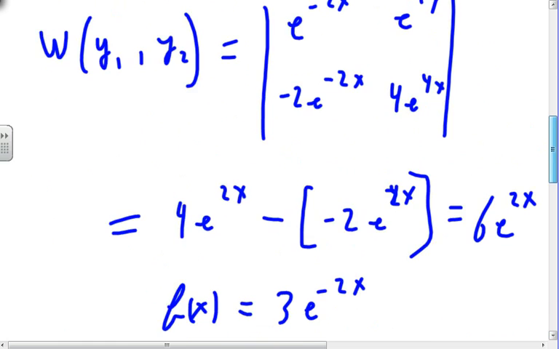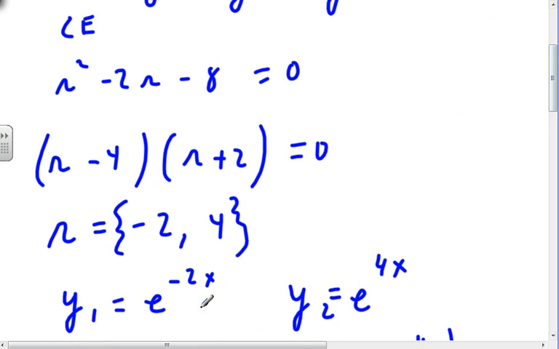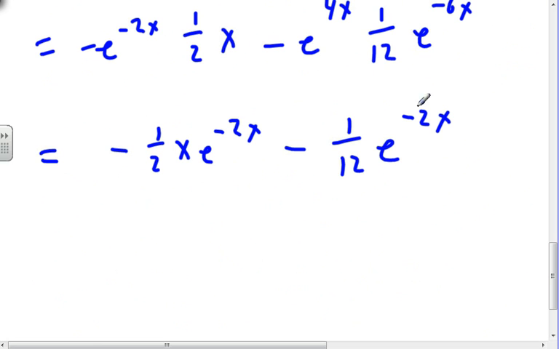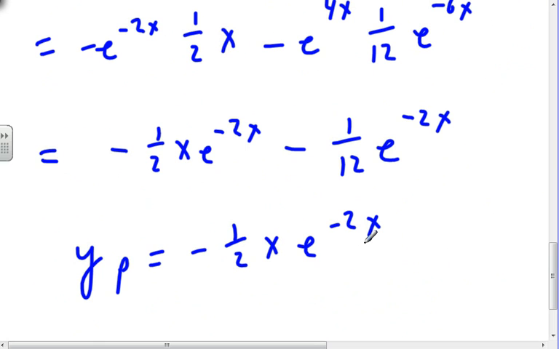Now, coming back up here, e to the minus 2x was part of the original homogeneous solution right there. So it doesn't need to be here too. It'll go away. So y sub p is minus 1/2 x e to the minus 2x, and that's all there is. There ain't no more. See if the author thinks that way.